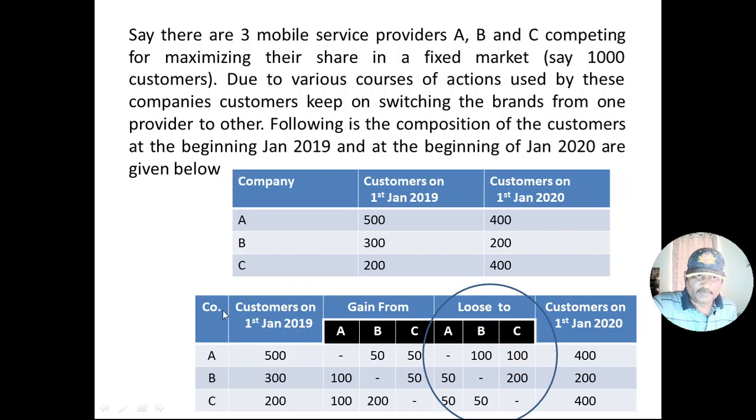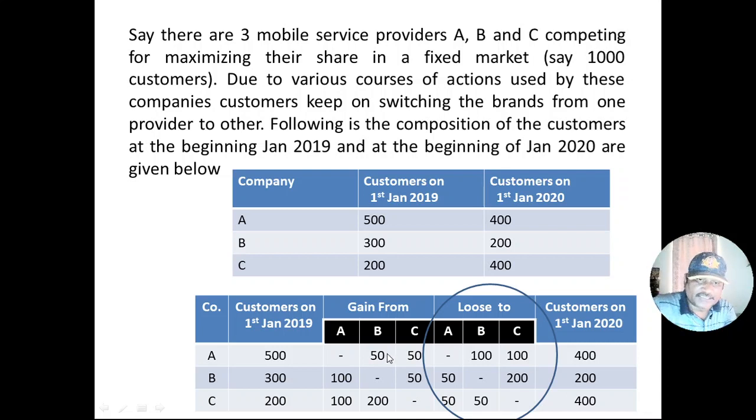Okay, so first column again, company A, B, and C customers as on 1st January 2019, those are 500, 300, and 200. Now, what has happened during the year? Company A has not gained anything from A, right?